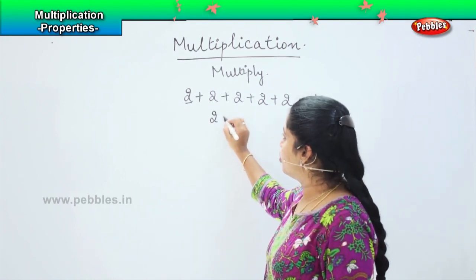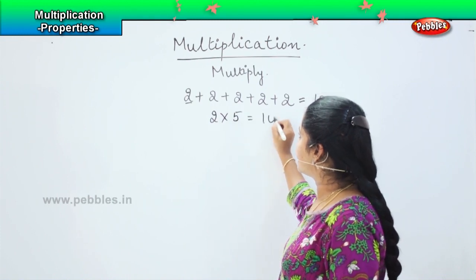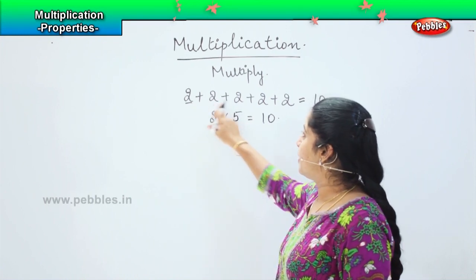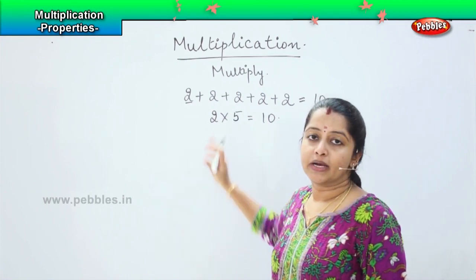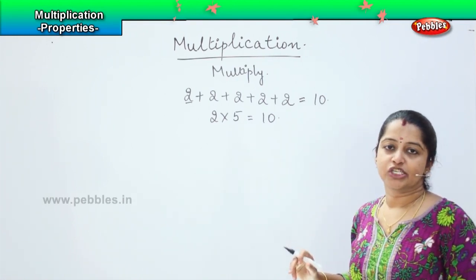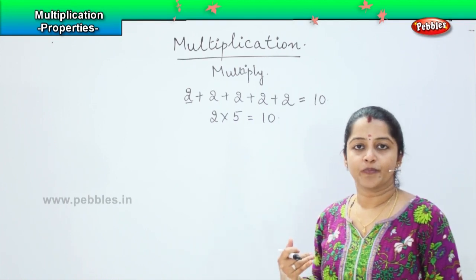I will write 2 into 5, which will give me the same answer 10. So, this 5 denotes the number of times the particular number has occurred. So, this is called multiplication. It makes our work easier and simpler to calculate.